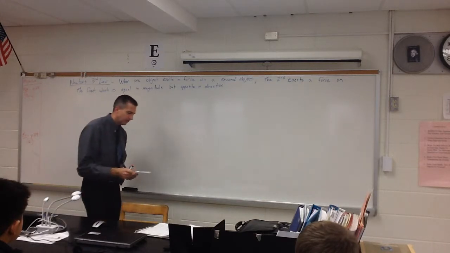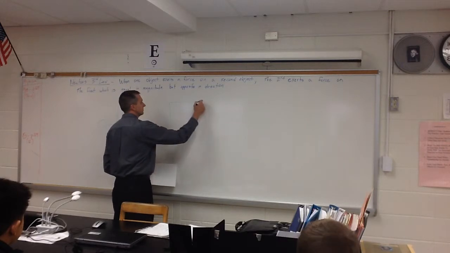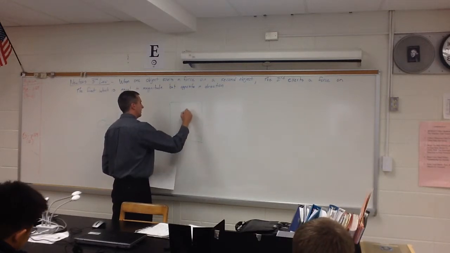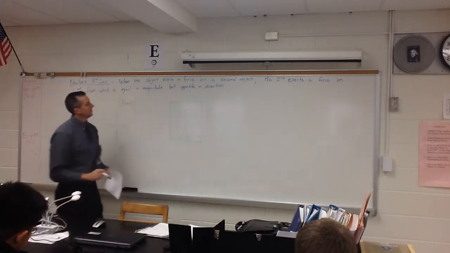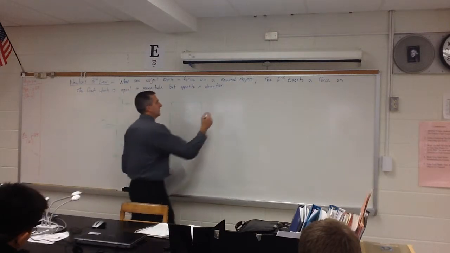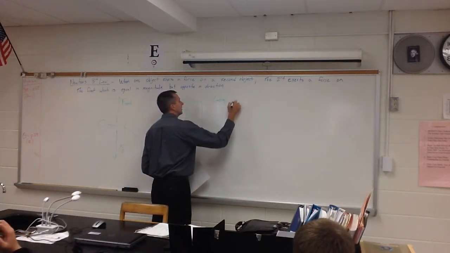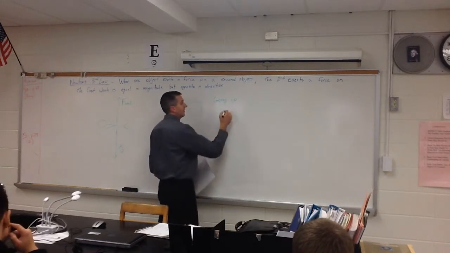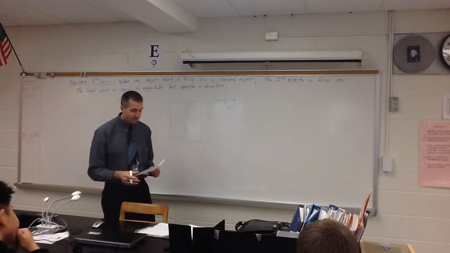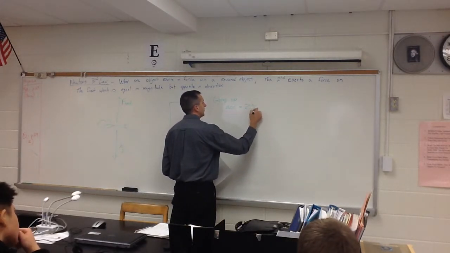Let's do another example. Say you're in an elevator. Here you are in the elevator. And this elevator, let's say it's going up. And actually it's accelerating up. So it's going up, but it's speeding up as it goes up. And it's accelerating at 2 meters per second squared.